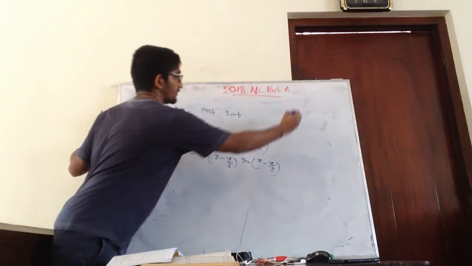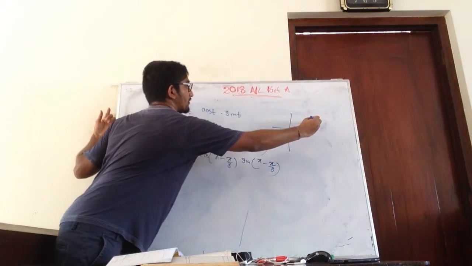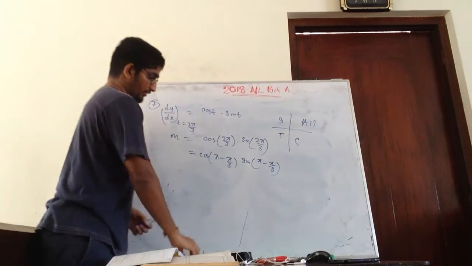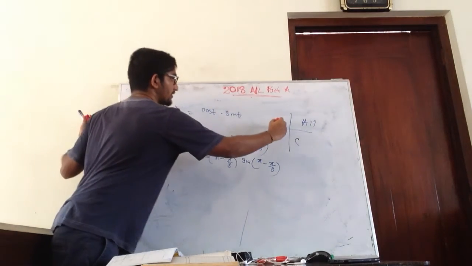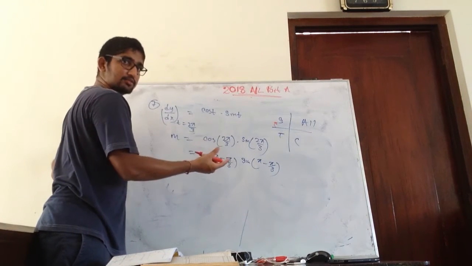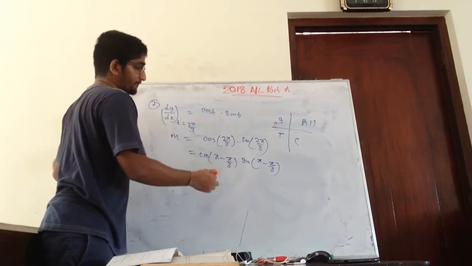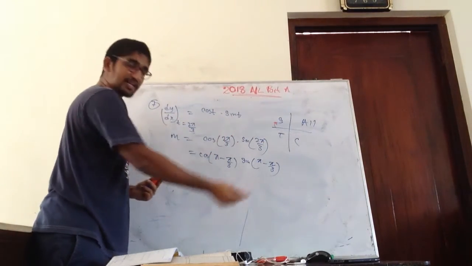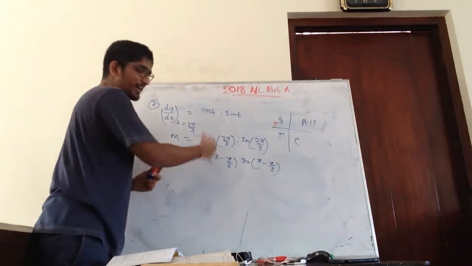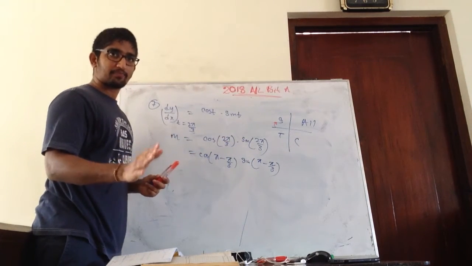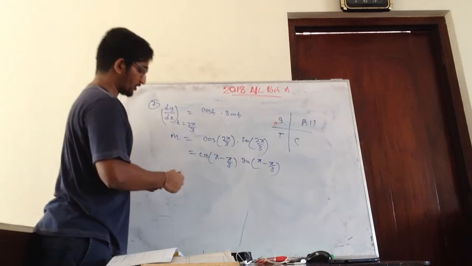Here all STC comes into action. If I take pi minus pi over 3, this part will be minus, right? This part will be positive, and because it's pi minus something, the sin value will not change. Correct?